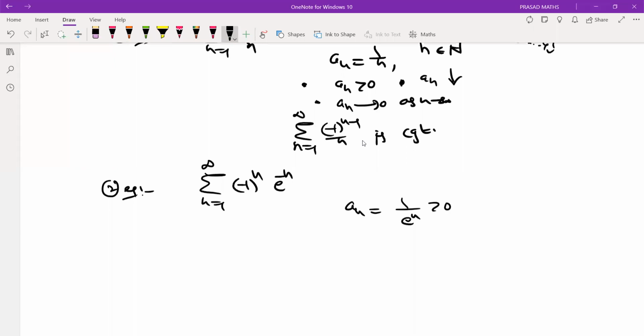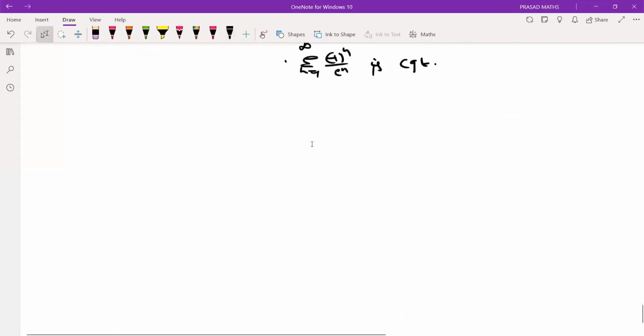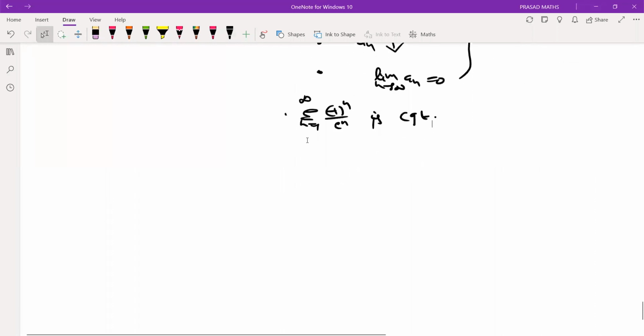This is a positive term series, and this is a decreasing sequence, because e^n is increasing, so 1 by e^n is decreasing, and the limit is 0. Therefore satisfying the condition, so by Leibniz test, this is convergent.